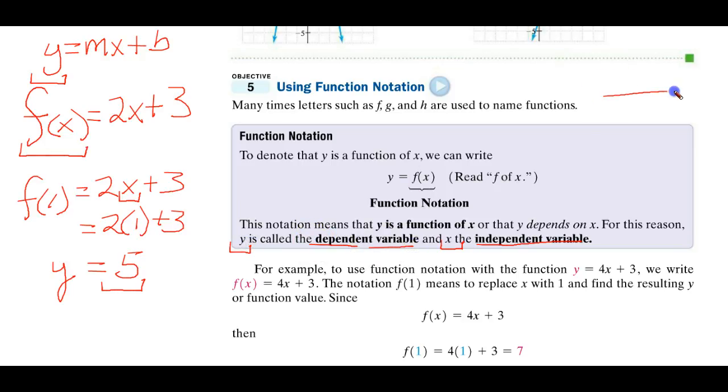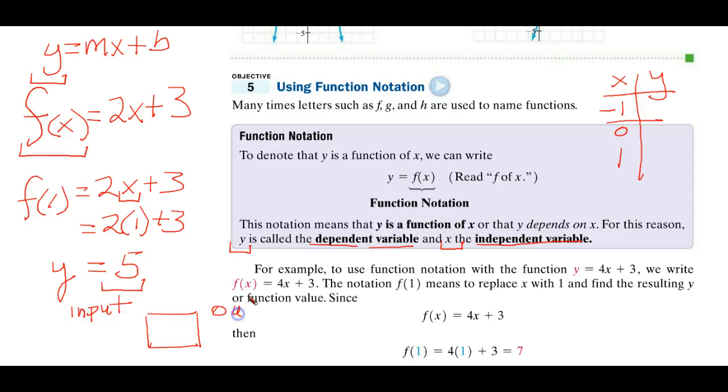So as we make a t-chart and we put in various x values, these are our independent variable, because once we put that into the operation here, it gives us our y value, which is the dependent.